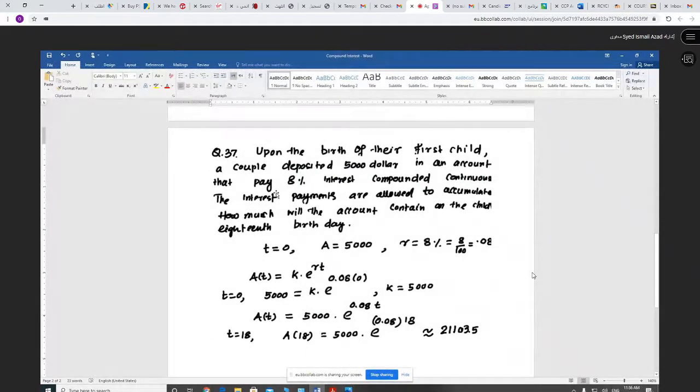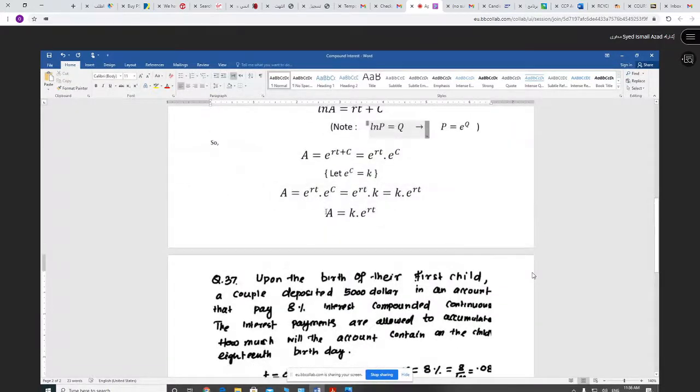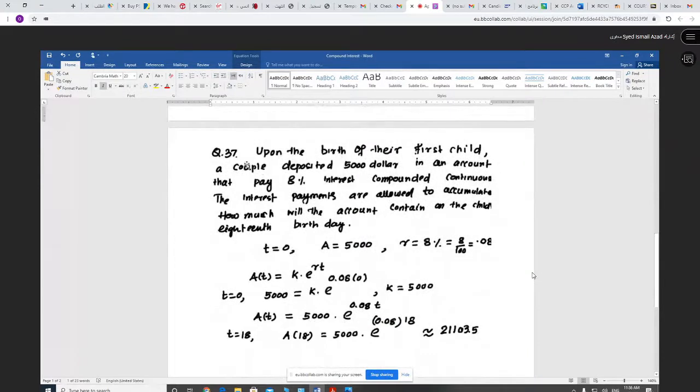This is the question for compound interest, where we are going to use this formula. Again, A, the amount, is equal to K e power RT. Let us read. Upon the birth of their first child, a couple deposited $5,000 in an account that pays 8% interest compounded continuously.